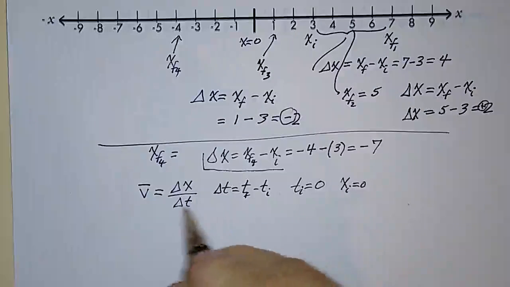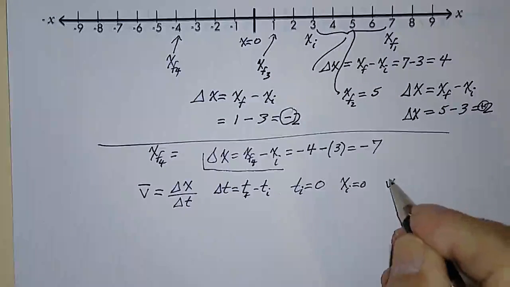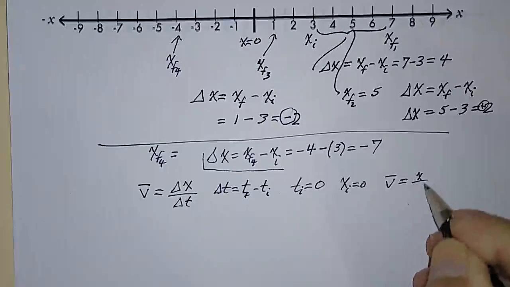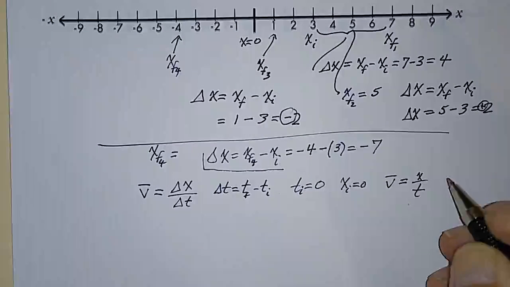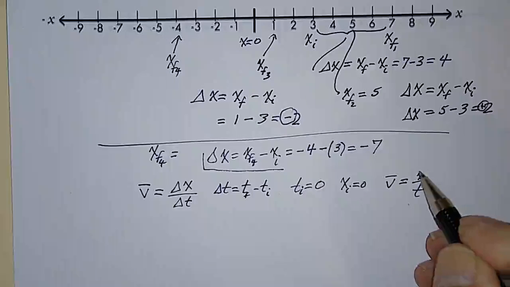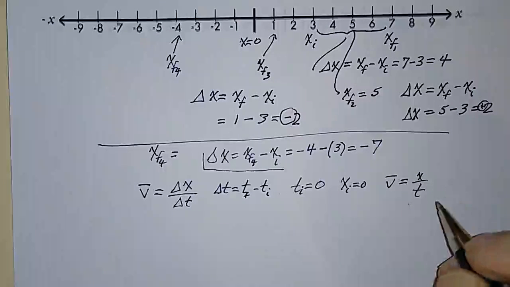If t initial and x initial equal 0, then you would just say that the average velocity is equal to x over t. And here's where you need to be careful, because this is not the distance traveled, this is the displacement.